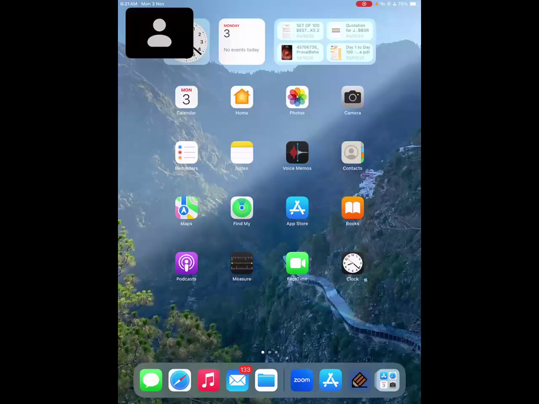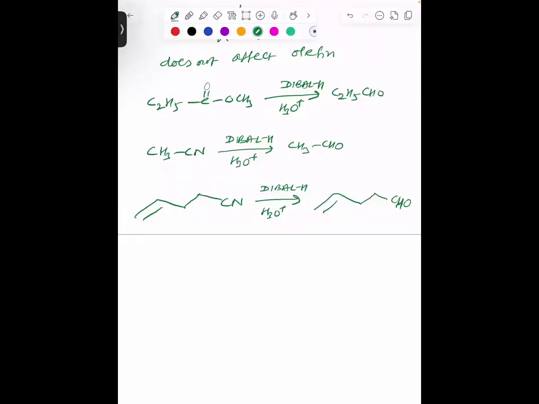So this is all about mainly aliphatic aldehyde. Then preparation of aromatic aldehyde.